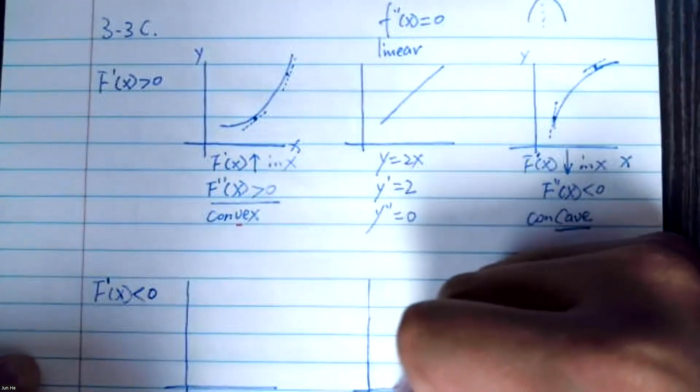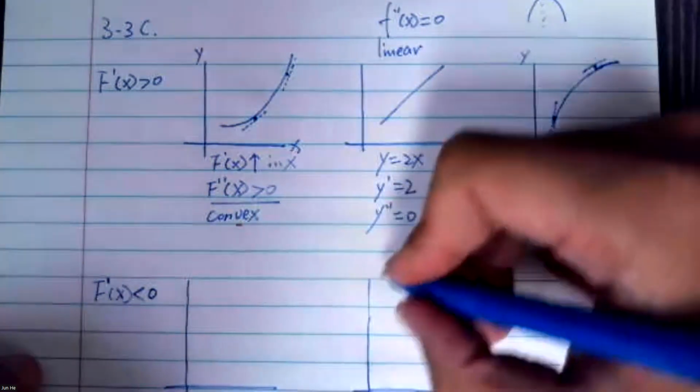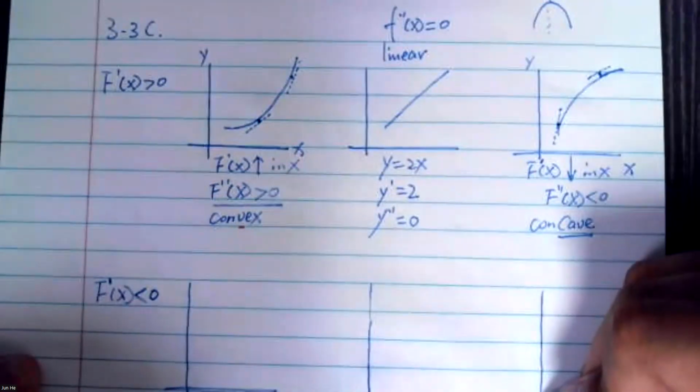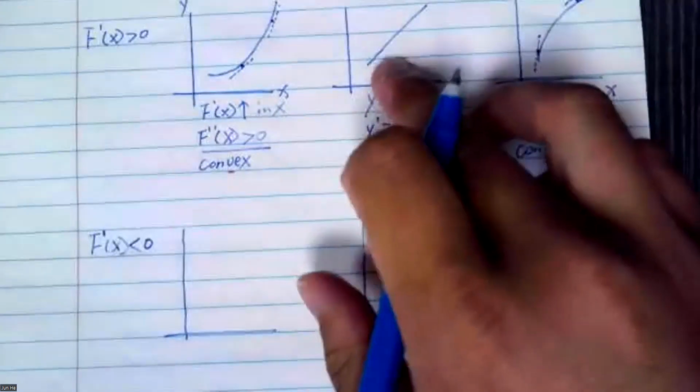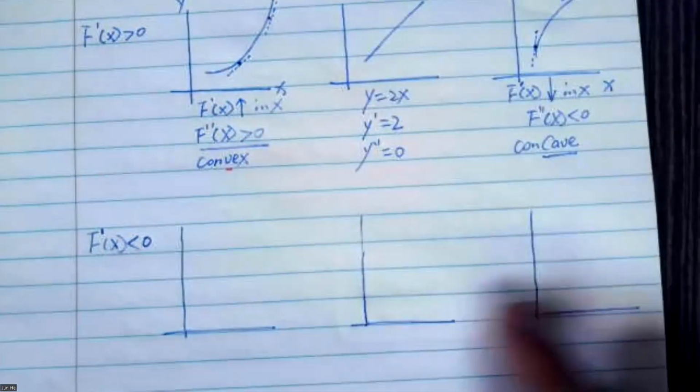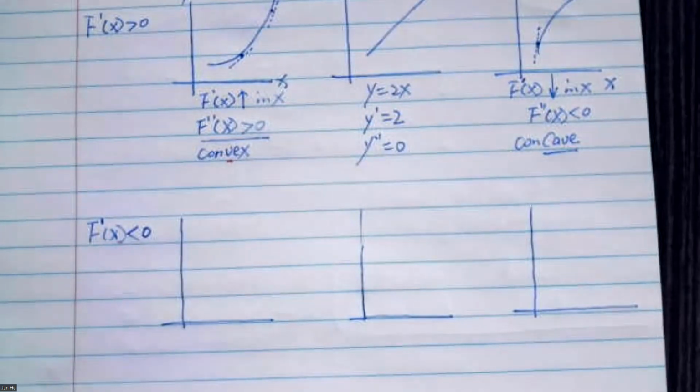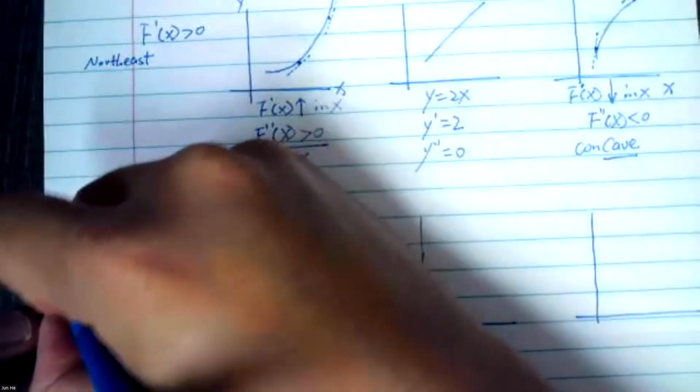So instead of traveling to the northeast, now you're traveling to the southeast. Instead of going to the direction of Massachusetts, now you're going to the direction of Florida. Okay. So previously northeast, now southeast.